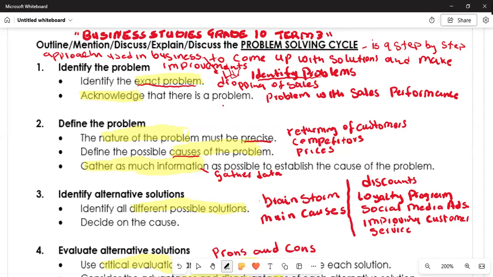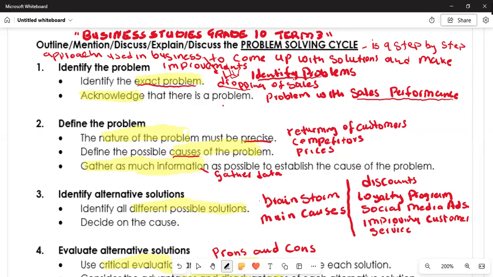So we are talking about the dropping of the sales. That's the problem that we have identified. So acknowledge that there is a problem. This is where the manager is going to acknowledge that there is a problem with sales performance. That is the first step.